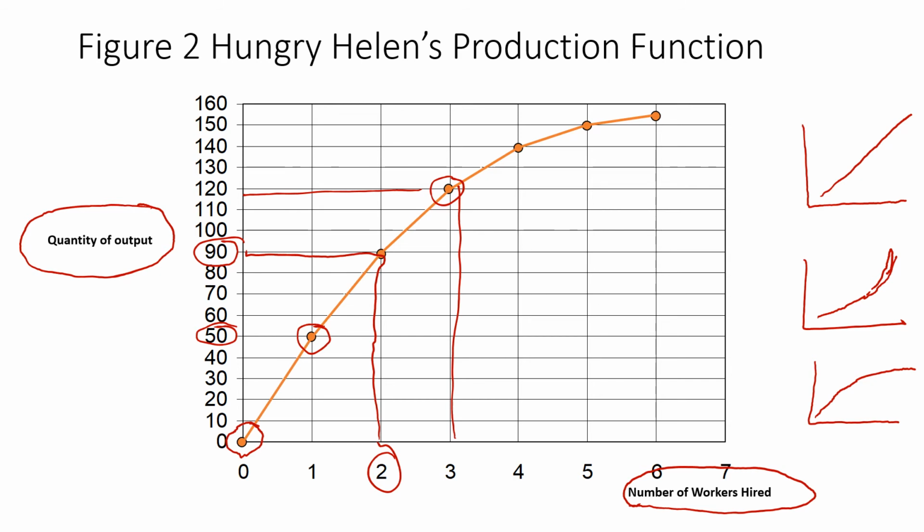This is the marginal productivity. For the first labor, the marginal productivity is 50, and then we had the second labor, the marginal productivity is 90 minus 50, that is 40.